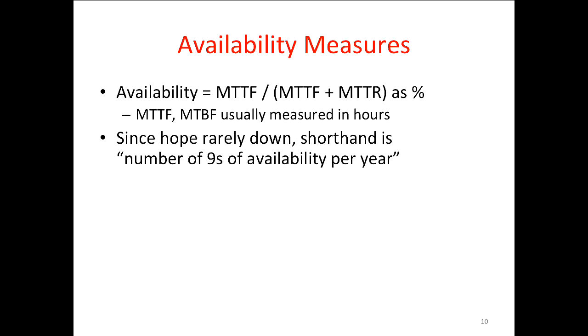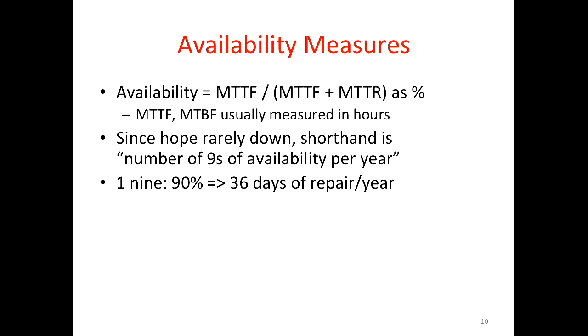But availability, because it's got so good recently, the shorthand we use is to say how many nines of availability do you have? And what that means is 1 nine is 90%. So if 90% of the time your system is available, we say that has 1 nine of availability. And what that corresponds to, if you look over a year, is that 36 days out of the year your system is not available.